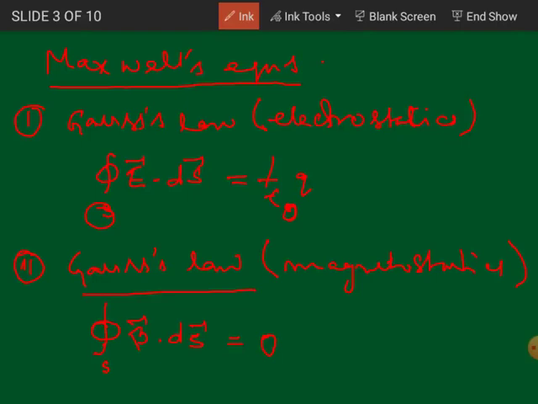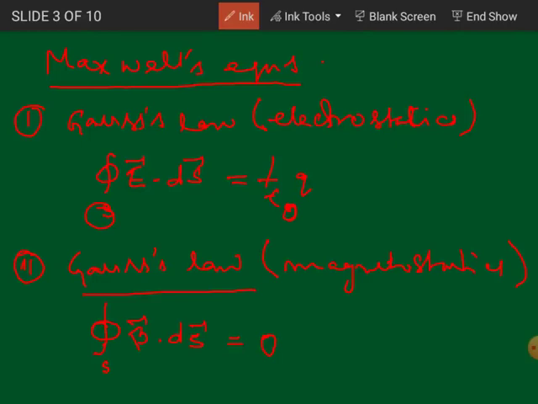the number of magnetic lines of force entering a closed surface is equal to the number of magnetic lines of force leaving it. There is no starting or end point in the case of magnetic lines of force. Thus, the magnetic lines of force always form closed paths.